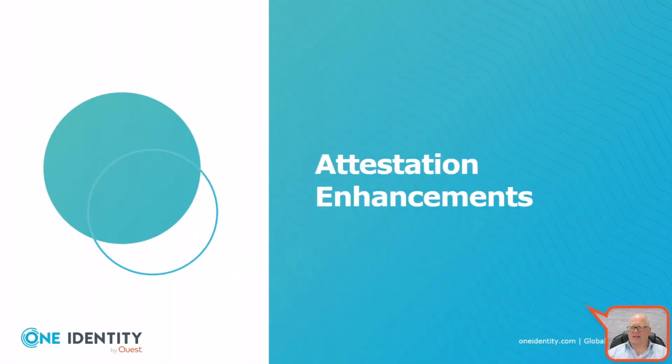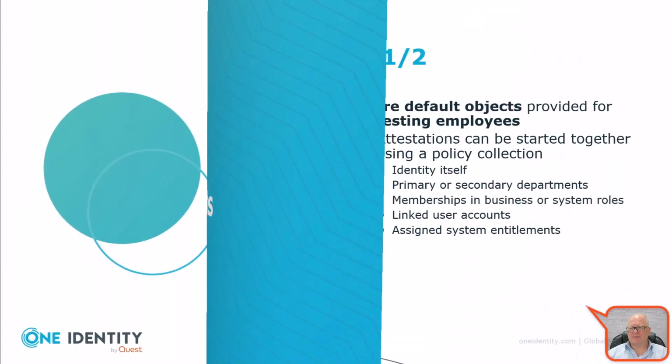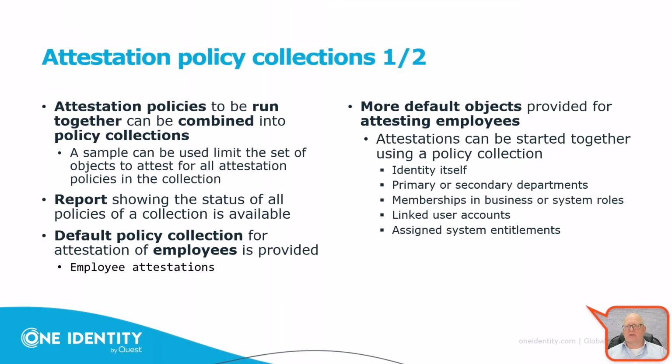Let's talk about attestation enhancements. And the first attestation enhancement is a big one, and there's a little bit of a story to tell around it to get it better understood. You remember in the Identity Manager, we have 2 ways of attestation. We can do an attestation or a certification just for single situations, single permission assignments, for example.